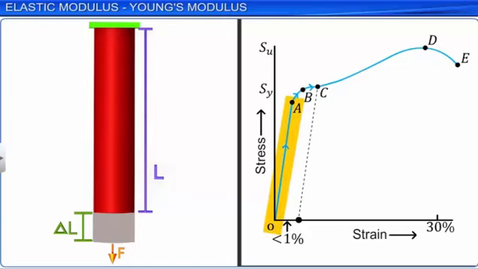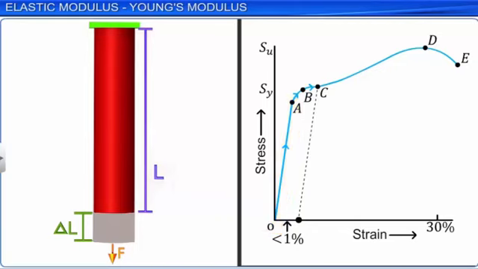Accordingly, stress is proportional to strain here, and the slope of the straight line on the stress-strain curve is called modulus of elasticity. More precisely, it is the ratio of stress to strain of an elastic body within its elastic limit.